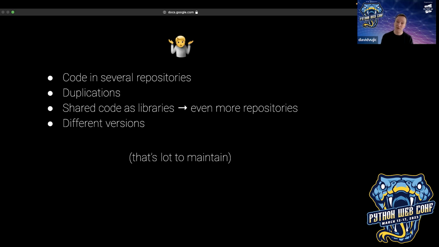But then you probably will put that library in another repository, so you have even more repositories. And another trade-off, from my experience, is that dependencies and sometimes even Python versions will differ between the different repositories, because maybe you cannot give every repository full attention constantly.